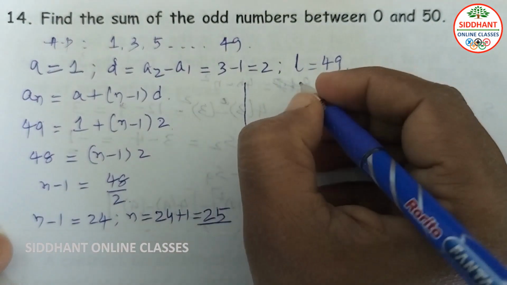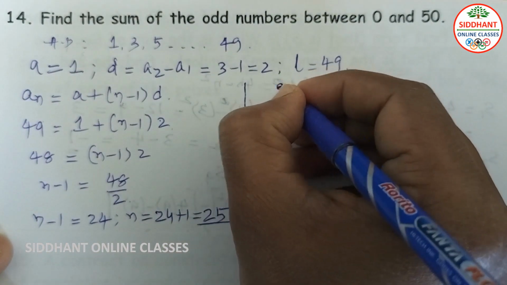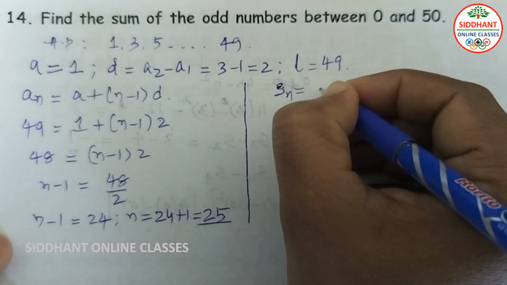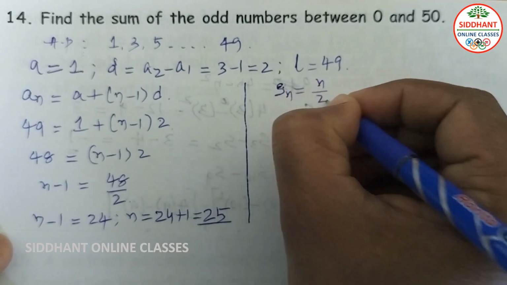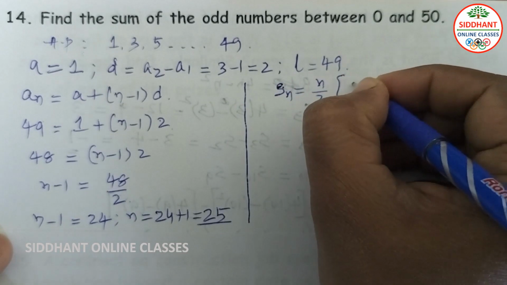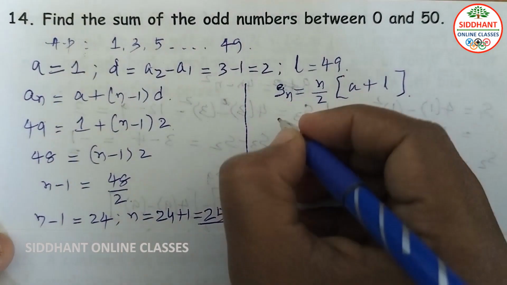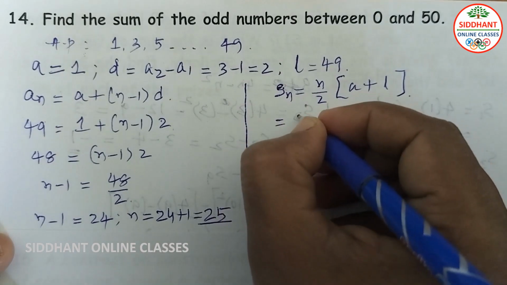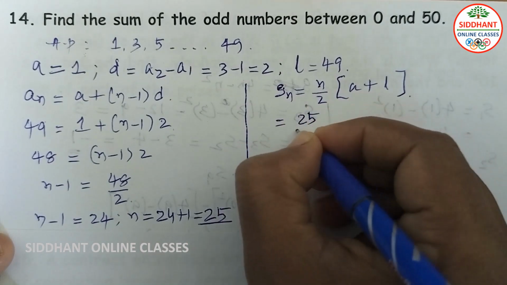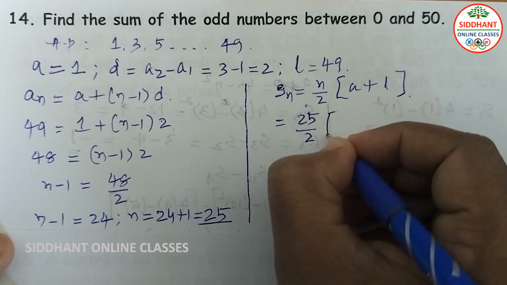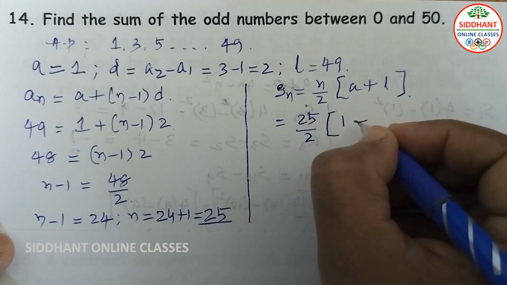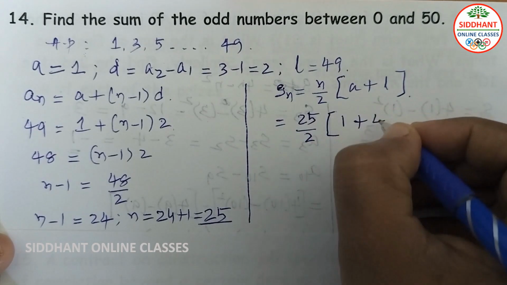Now we are going to find out the sum, that is Sn equal to n by 2 into a plus L. So that equal to n we got 25, by 2 into a is 1 plus L, the last number 49.